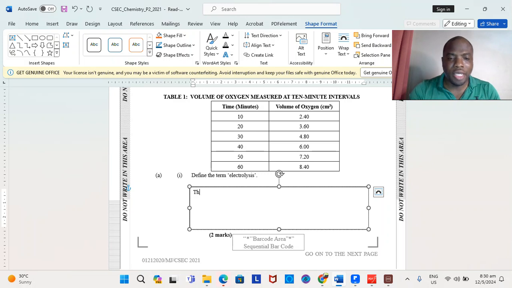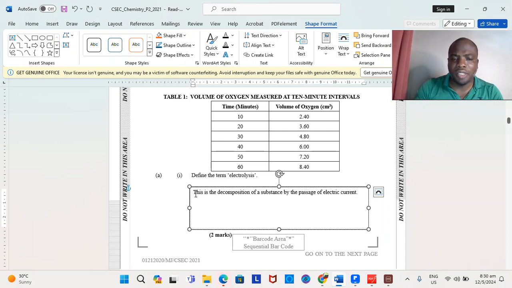All right, so we can say this is the decomposition of a substance by the passage of electric current. In other words, we basically want to break down a substance.